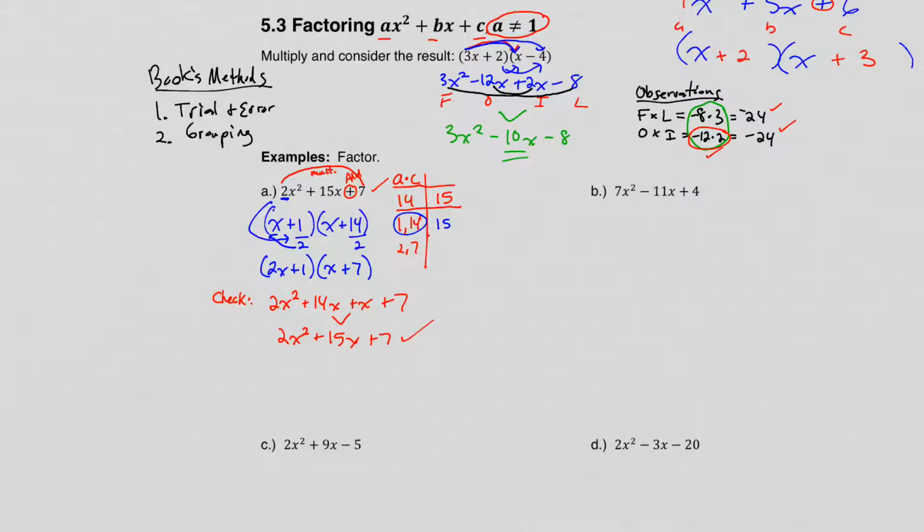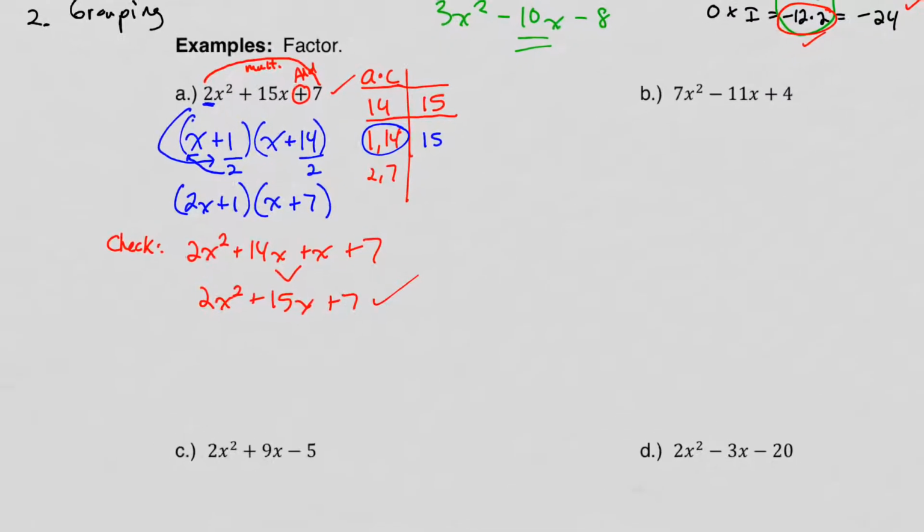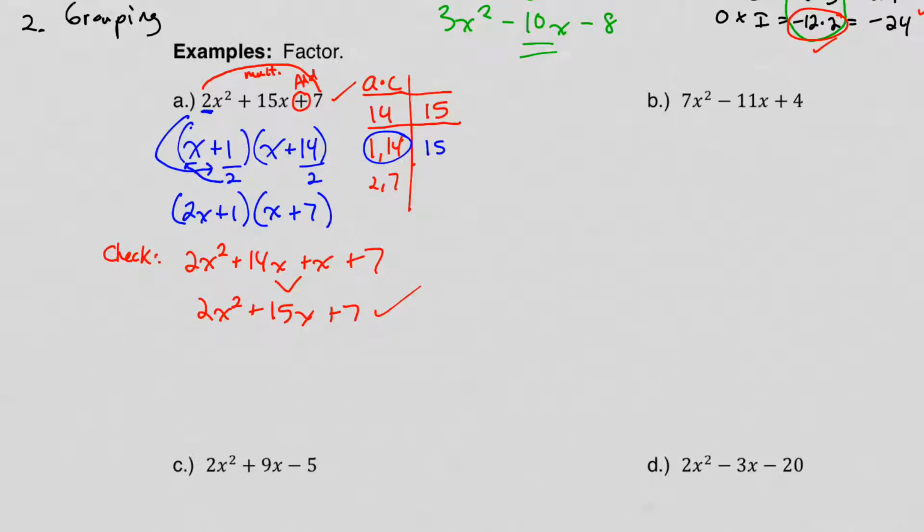And that has a certain procedure. It requires GCFs and whatnot. So you're welcome to use one of those, but that's not what we're going to be doing here, okay? So this is the simplest, shortest way to get this accomplished, okay?